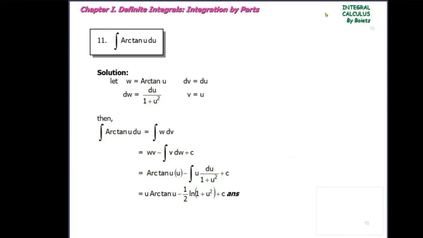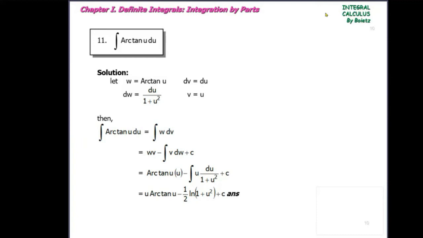Then ito, integral of arc tan u du. Okay. So wala tayong formula niya. Meron tayo integral ng tangent u du. Tapos yung integral natin sa inverse trigonometric function, sagot yun. Kunwari, the integral of du over u squared plus a squared, it is equal to 1 over a arctangent of u over a plus c.